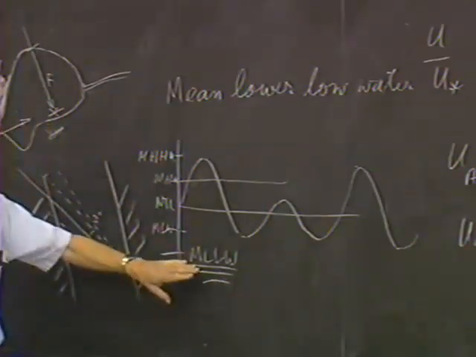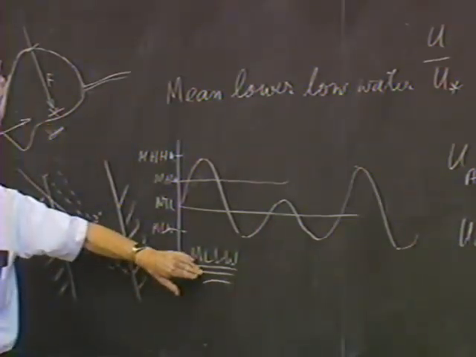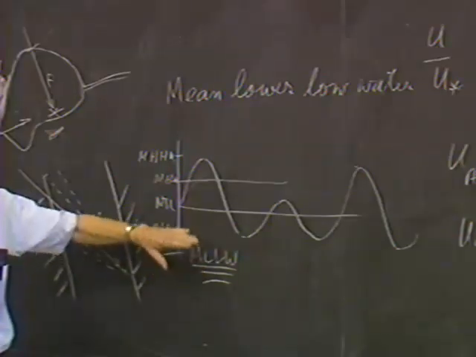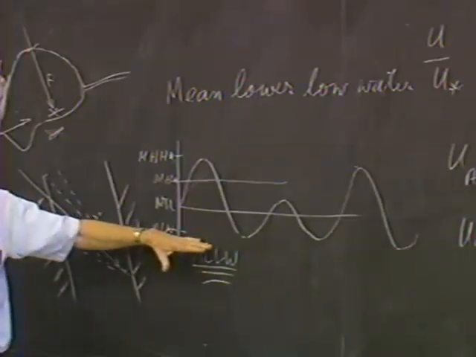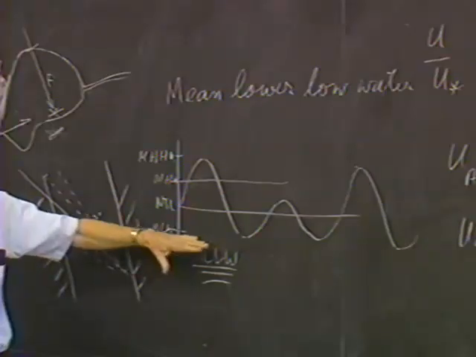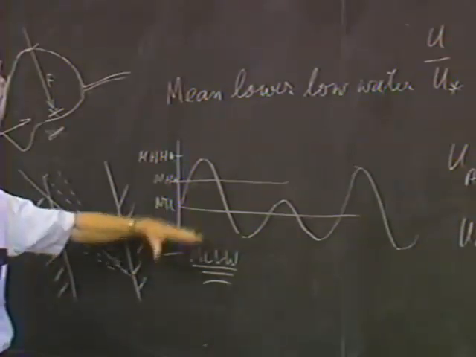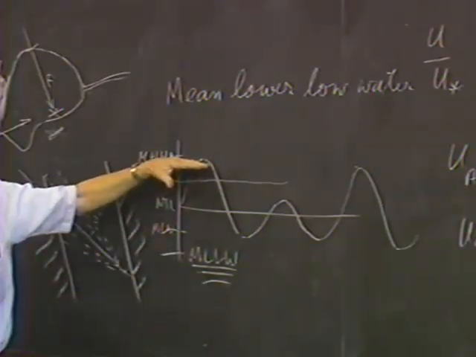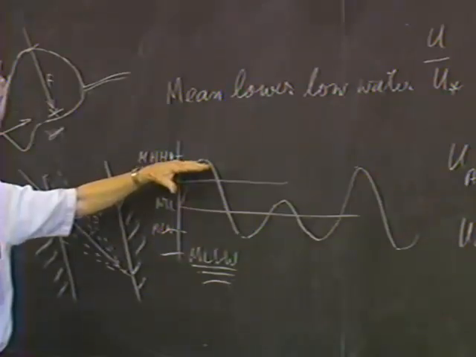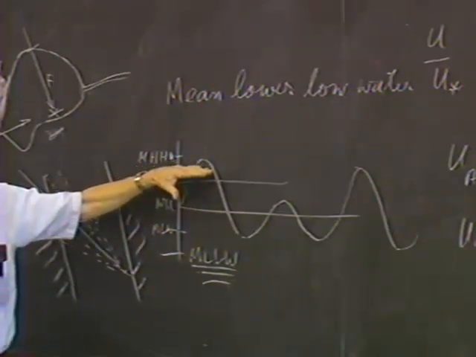So if you're interested in wave heights at a particular location, especially in shallow water, in 10 or 15 feet of water, then you want to take into account the fact that at times the tide is high, and when the wind blows and the tide is high, the waves are going to be higher.